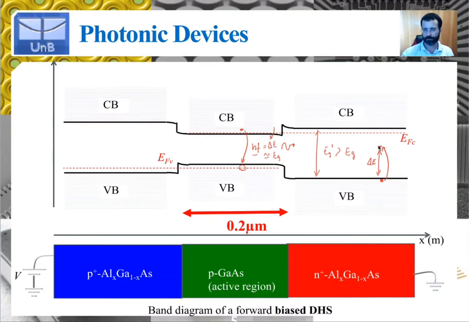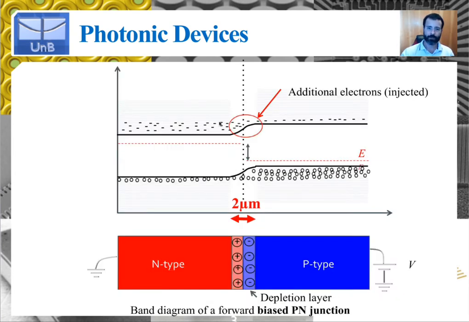So because there is no level right here, it would fall within the forbidden band gap. Therefore, this layer cannot absorb the photon generated here, and this layer cannot absorb the photon generated here. So absorption will only occur in here, which is not true also for a homojunction, right?